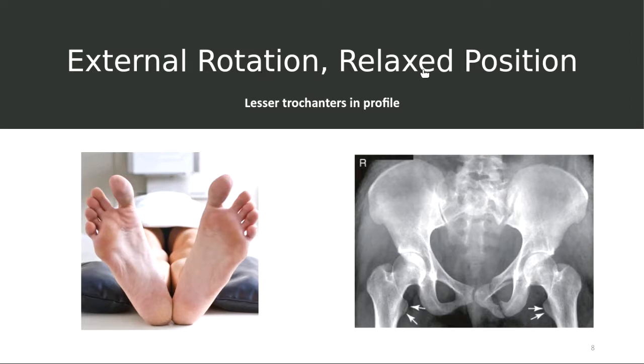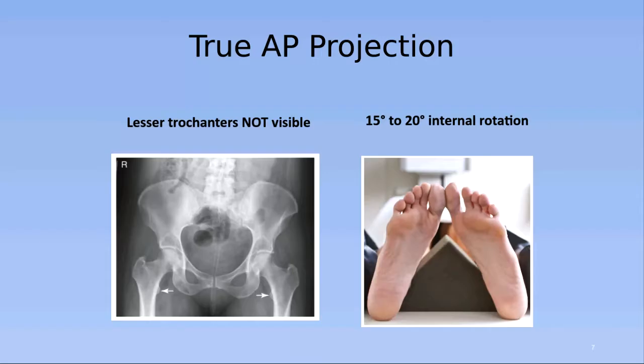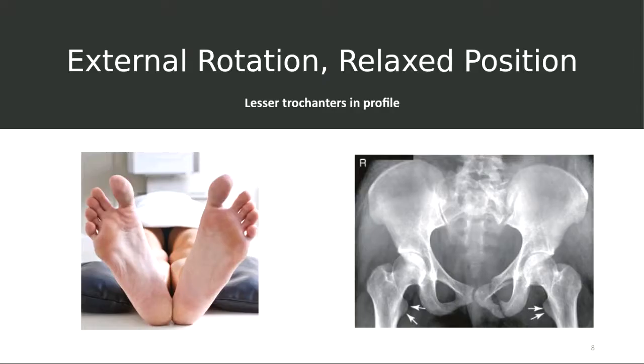And with this, the femoral necks are severely foreshortened, and you tend to really be able to visualize the lesser trochanters, and they point them out very well here. Notice that the greater trochanters are not as prominent as they were in the last picture. Much more prominent on that image versus this image. The lesser are much more prominent on this. So this is external rotation.